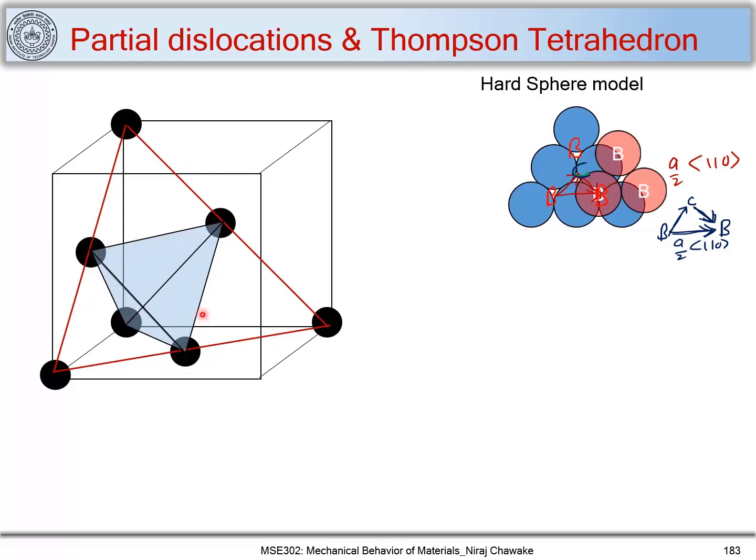You can see this is the front face, and these are all faces. What will be the edges here? These edges will all have magnitude a/2 <110>. This is called Thompson's tetrahedron. So the edges of this tetrahedron will have magnitude a/2 <110>.